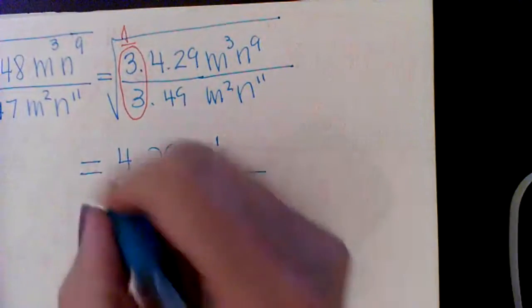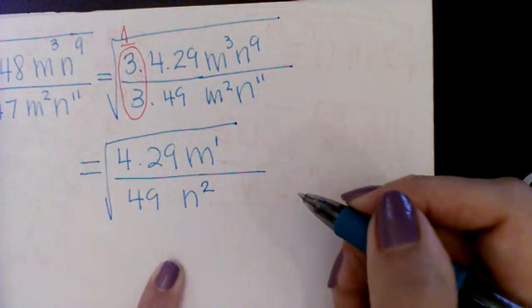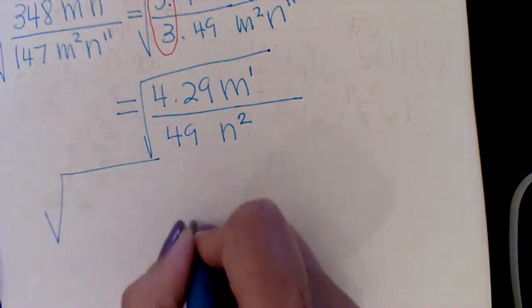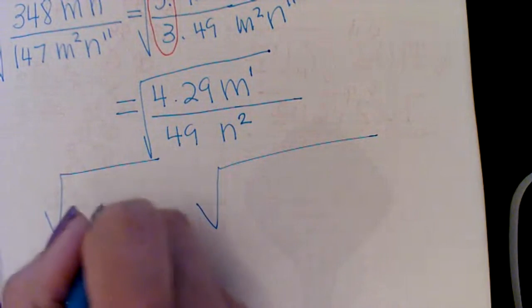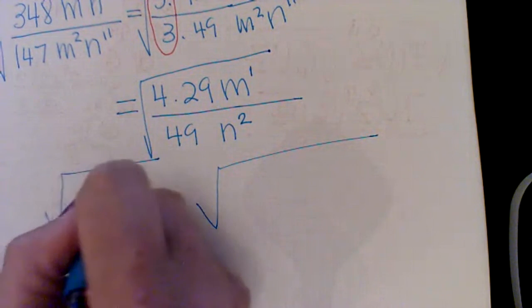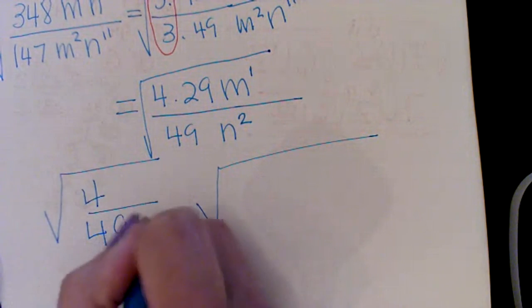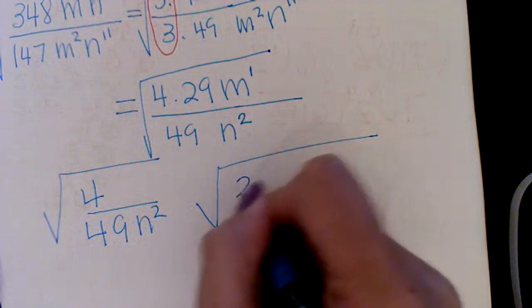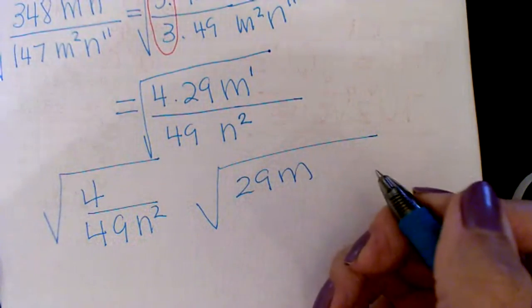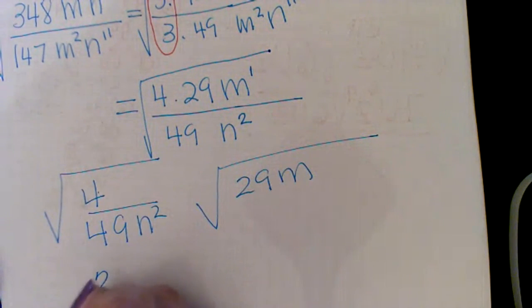So let's do the square root. So we're going to have 4 here, 49, and n to the second. On this side, it's going to be 29n. So square root of 4 is 2.